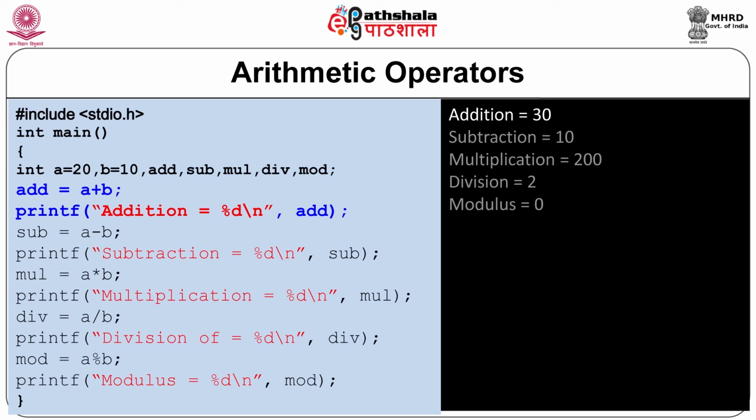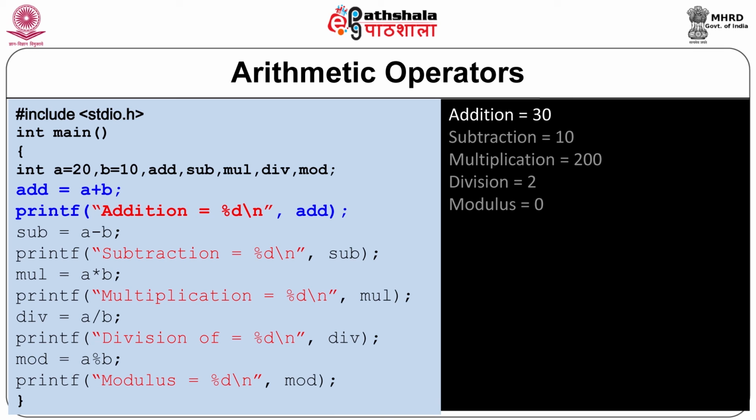So now here this is simple program which will elaborate use of arithmetic operations for addition, subtraction, multiplication, division and modulus. In this program, value of operand A considered is 20, operand B considered is 10, and the results like add, subtract, multiplication, division and modulus are also initialized.